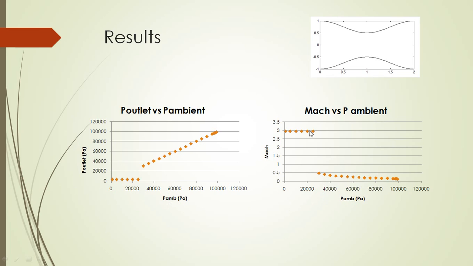Then, when we have shock waves, we see that the Mach is subsonic and that the exit pressure is the same as the ambient. And then in the subsonic case, we also have a Mach lower than 1 and the same pressure. These graphs really seem to be right, because they accomplish the needs of the theoretical part.